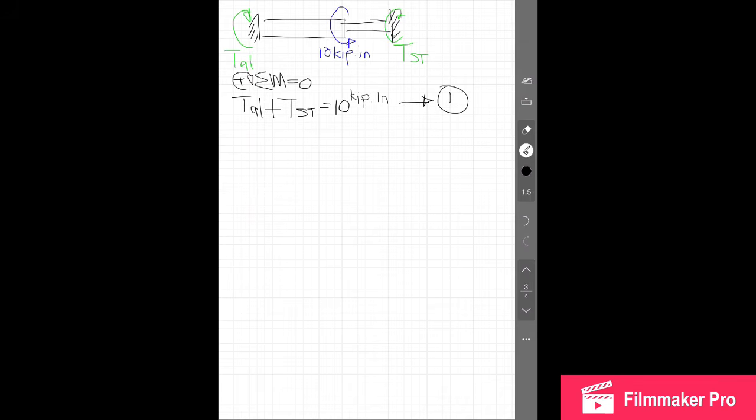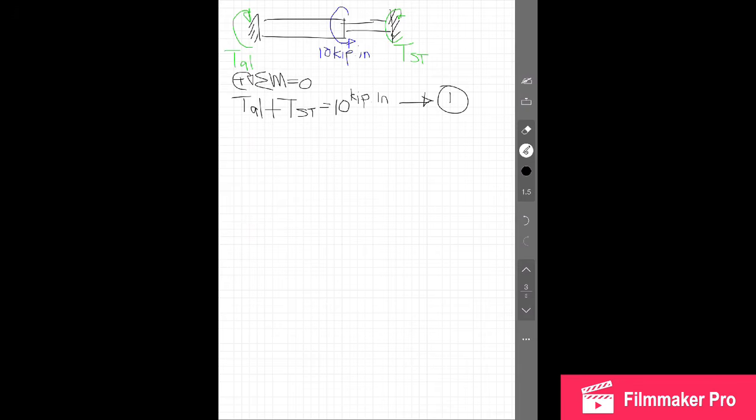So since rigidly fixed yan, yung deformation o yung angular twist niya between the two material should be equal. So at the junction, because of that applied torque, pipihit yan. Tama? So yung theta o yung angle of twist do sa portion ng aluminum should just be equal also do sa angle of twist dun sa steel material.